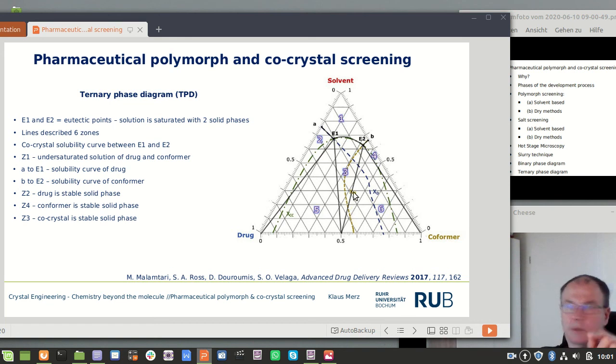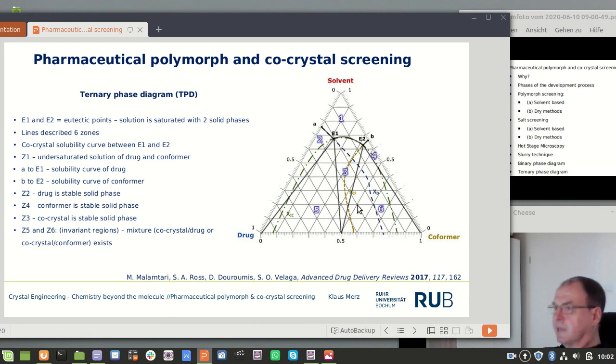Figuring out this zone is better than trial and error with all the different mixtures and ratios which are possible. Zones 5 and 6 are also interesting. These are called invariant regions, with a mixture of co-crystal and drug, or co-crystal and co-former.